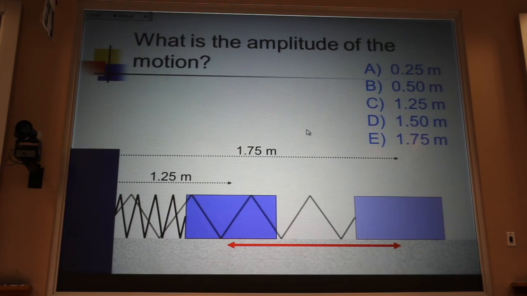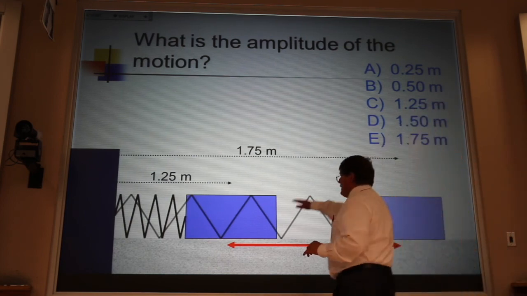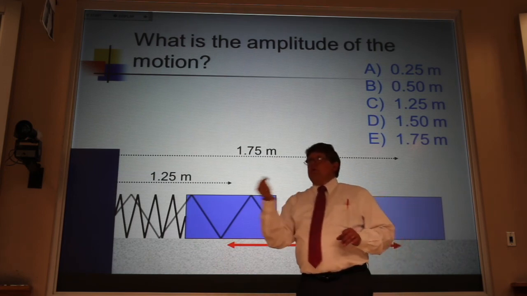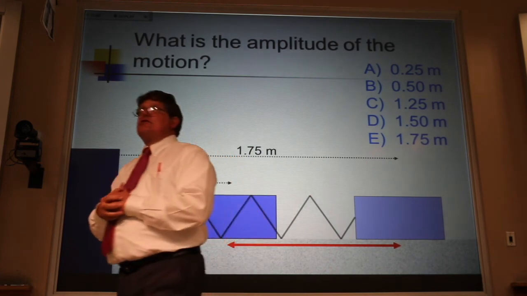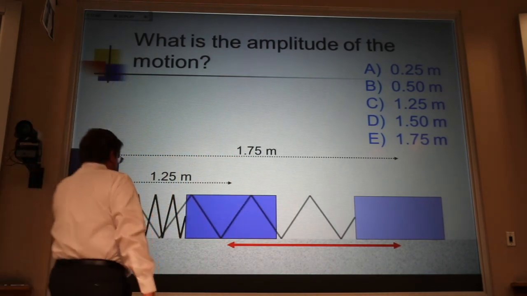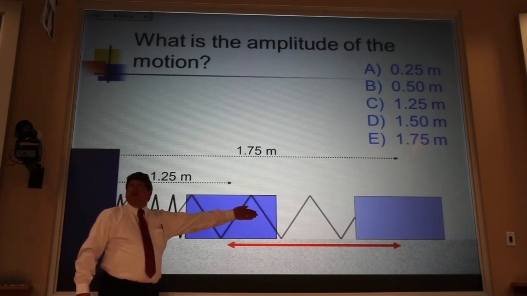You remember, we defined amplitude as the greatest distance it gets away from equilibrium. Well, what's equilibrium? Equilibrium is where the forces are balanced. In this case, the weight force is always going to be balanced by the normal force by the table. So we're looking for a place where that force by the spring is zero. Well, when the spring is compressed, it's pushing to your right.